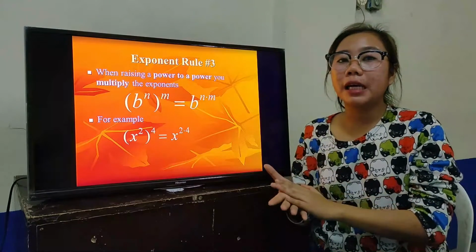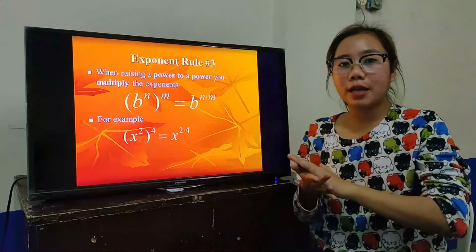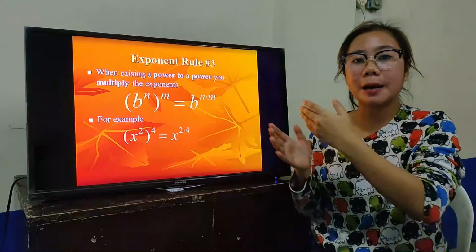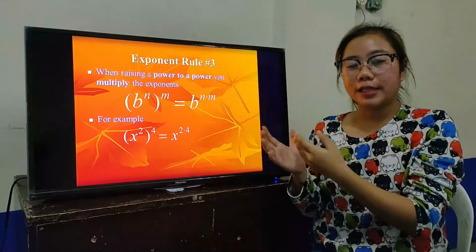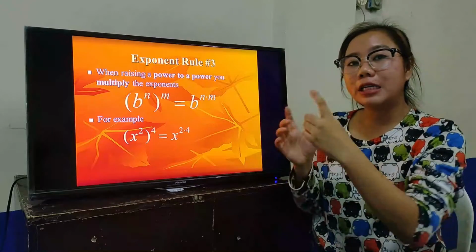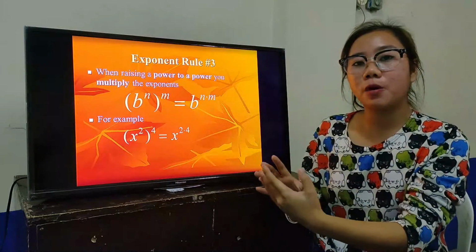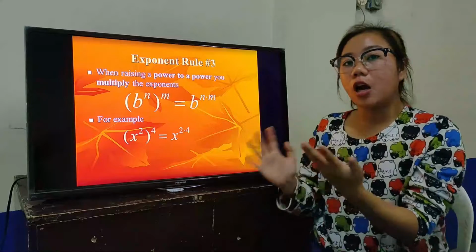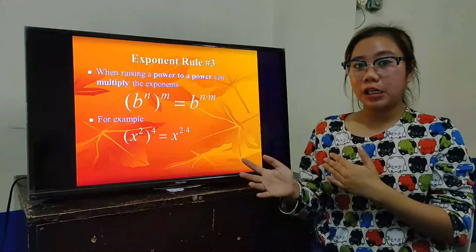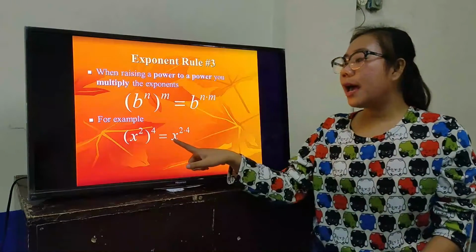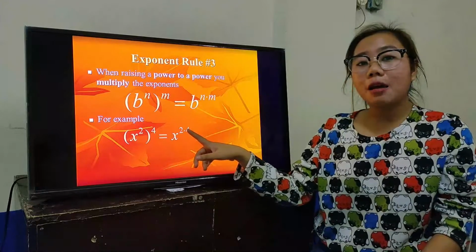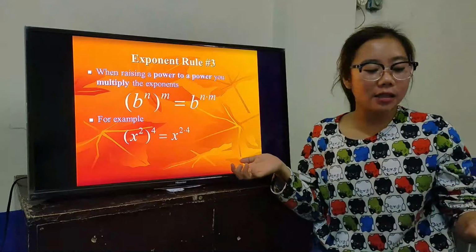Ang ibig po sabihin nito, ipag-multiply po natin yung power sa isa pang power. Nakataas po yung isang power or yung isang exponent sa isa pang exponent. So, we are going to multiply their exponents. So, x raised to 2 times 4, what will be the answer?